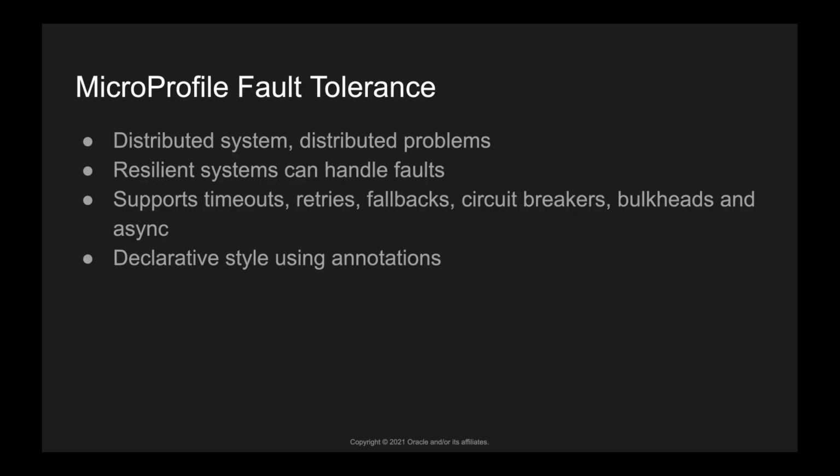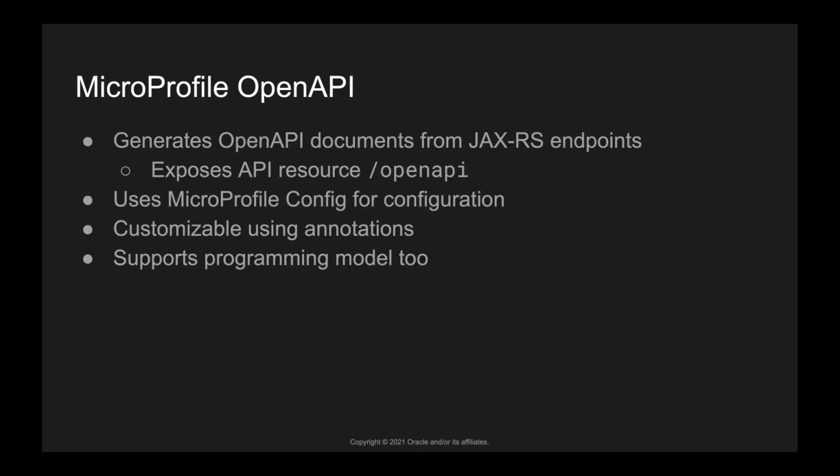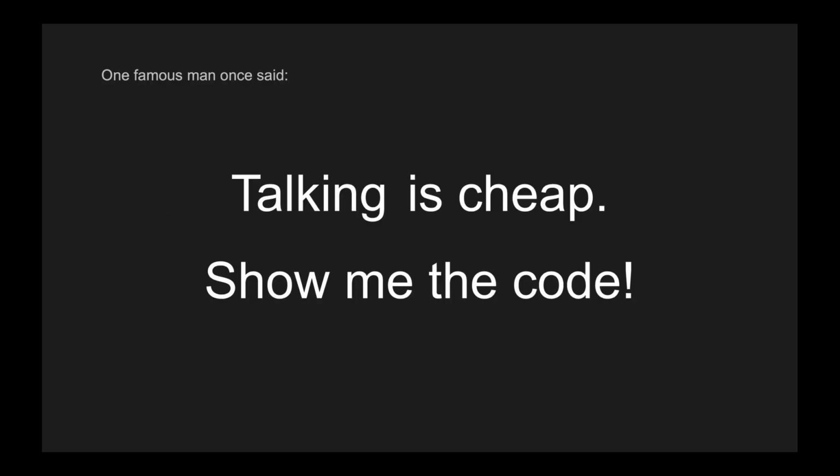Definitely, like every distributed system with its distributed problems, we are able to provide fault tolerance, which is also supported by MicroProfile out of the box. Since we are not only serving services but also consuming services, we have this wonderful REST client, which is available out of the box. To document them, of course, we have OpenAPI support.